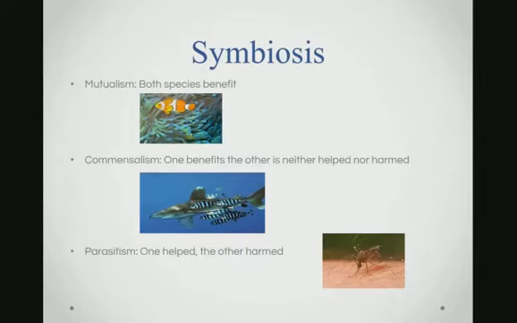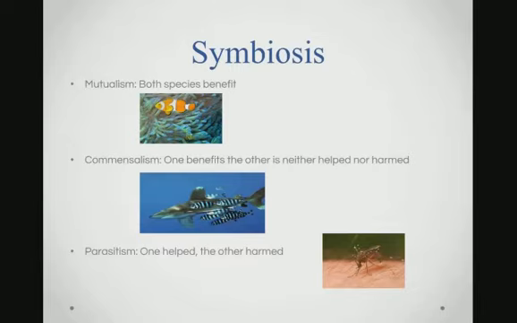And as it swims in and amongst the tentacles, the sea anemone benefits by having the water be able to circulate through its tentacles, and it's easier to breathe in that way, and that's how it benefits from the relationship as well. So mutualism is where both species benefit.